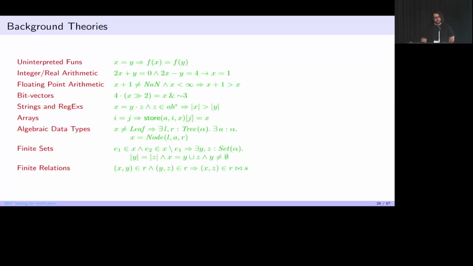You have strings, and you may want to model data structures, which you would do with arrays, datatypes, sets, and so on and so forth. Initially, uninterpreted functions and arithmetic were the most common theories in SMT solvers. They powered a lot of things, and then all of these other theories evolved out of the necessity of having dedicated reasoning procedures to solve problems effectively in domains that would benefit from them. Okay?